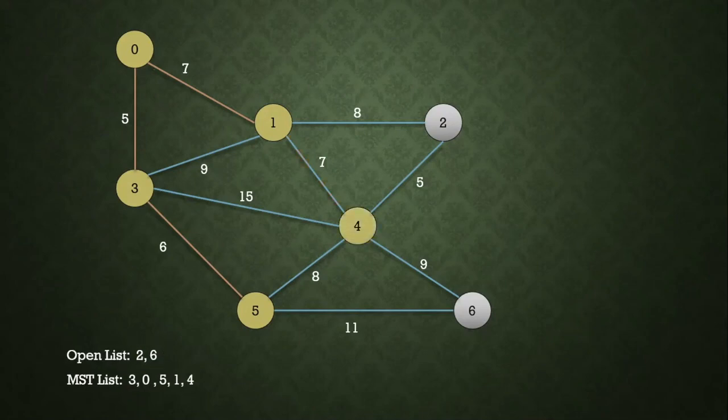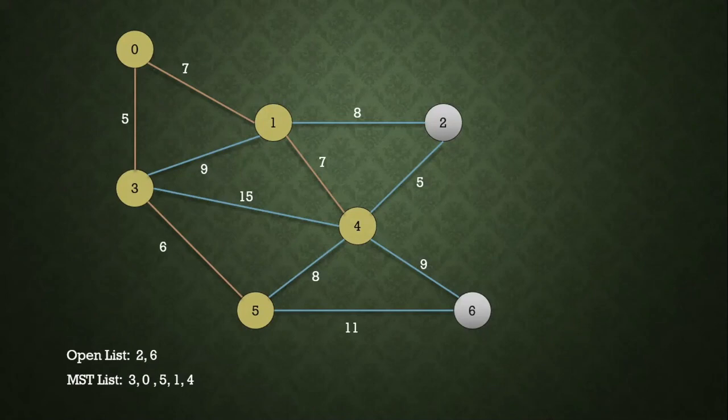Next, if we go from 1 to 4, then we will find the weight 7, which is smaller than the other nodes. So we're going to put 4 in the MST list because 4 contains the value 7, which is smaller than the others.